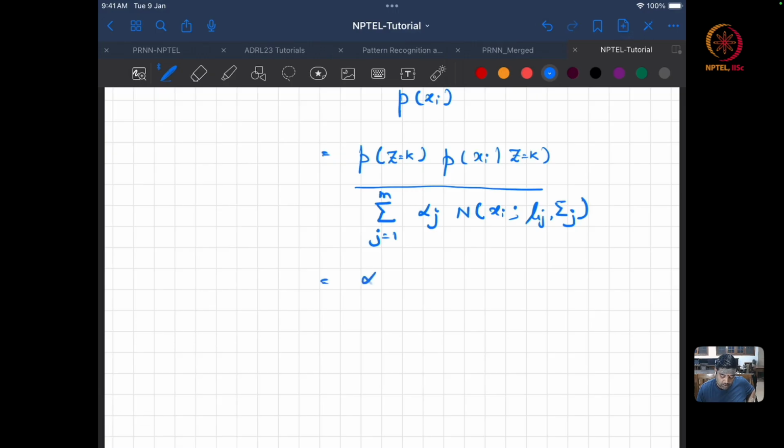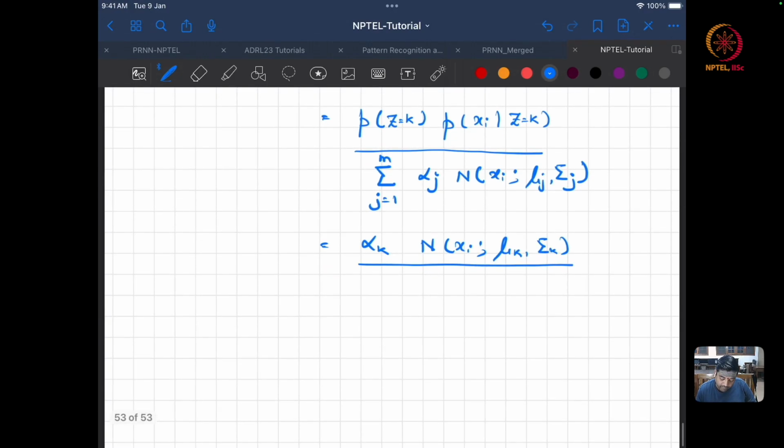So this is alpha k times normal xi parameterized by mu k sigma k, divided by the summation over j equals 1 to m of alpha j N of xi, mu j, sigma j.